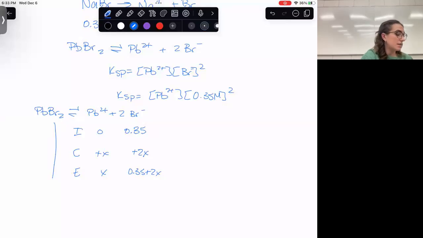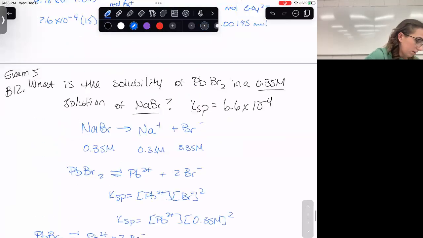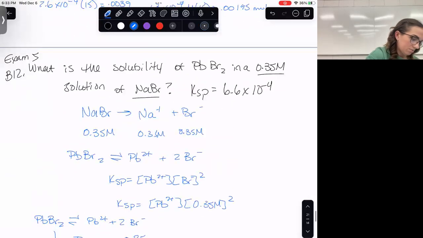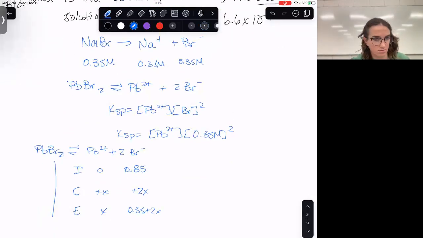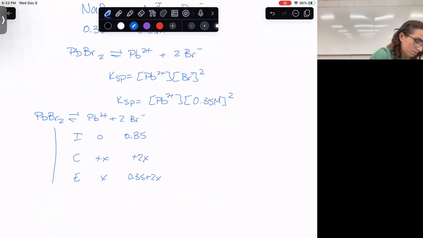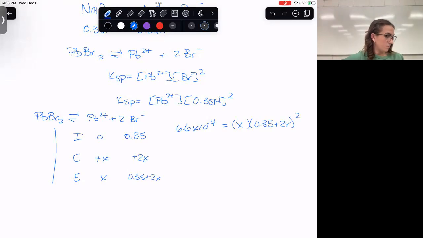And then you can solve for X. In this case, KSP, oh, negative 4, okay. Right, in this case, this you can say goes to 0 because it's going to be so small.